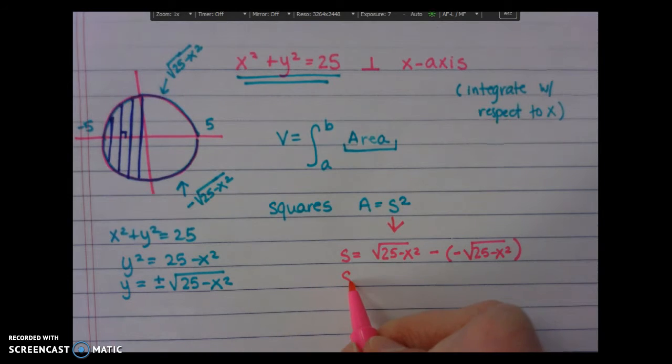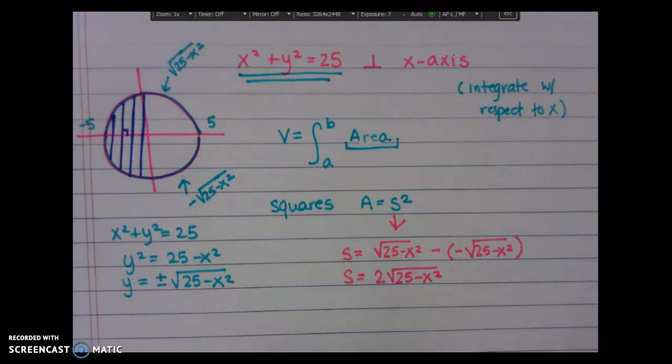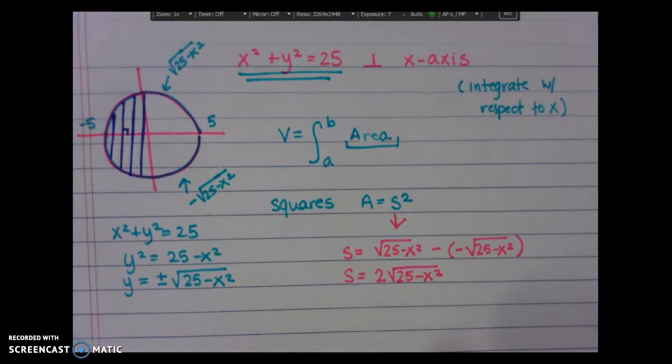A little bit of quick algebra, that becomes 2 square roots of 25 minus x squared. So if I want to find the length of any side of the square that I created, it's coming from this formula right here.